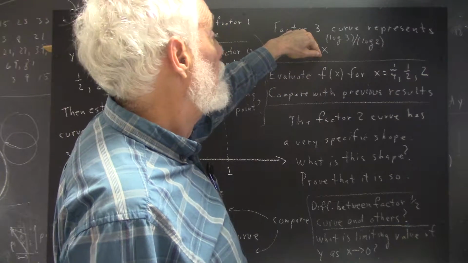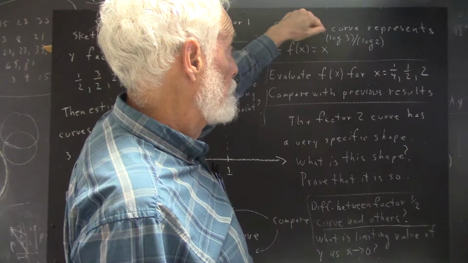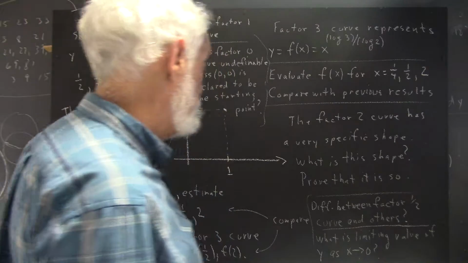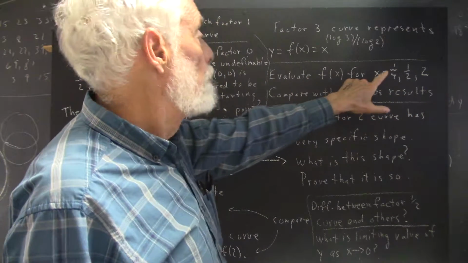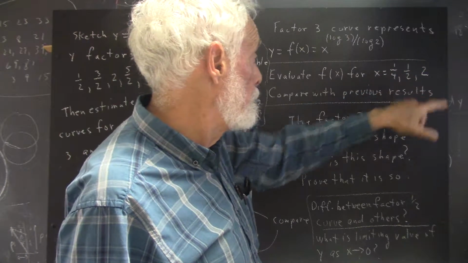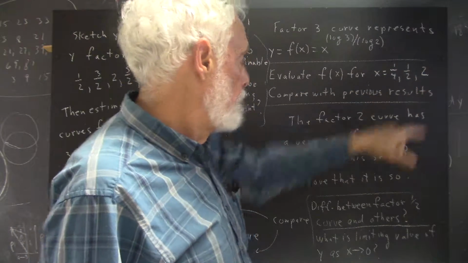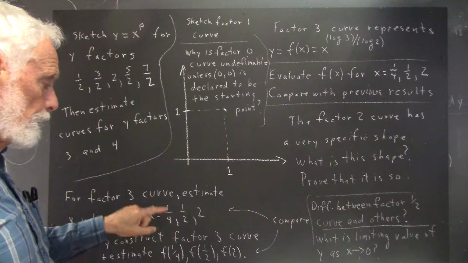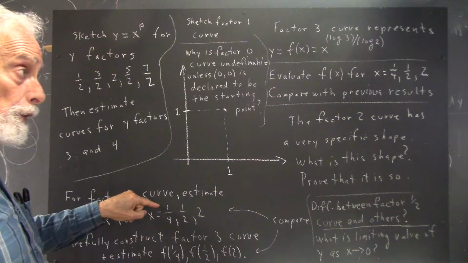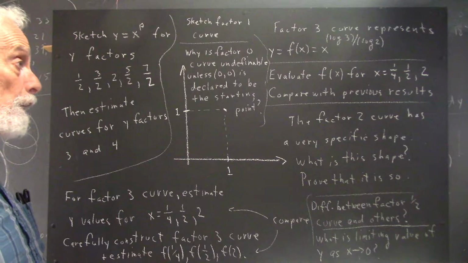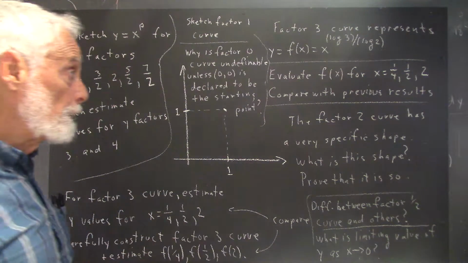You put a number in for x and do x to the log 3 divided by log 2. So we want to evaluate f of x for x equal 1/4, 1/2, and 2, and compare that with previous results, in other words, compare it to this and this. Ideally, your results here would be more accurate than your results here, but it won't necessarily work out that way. Either way, you're going to learn something.